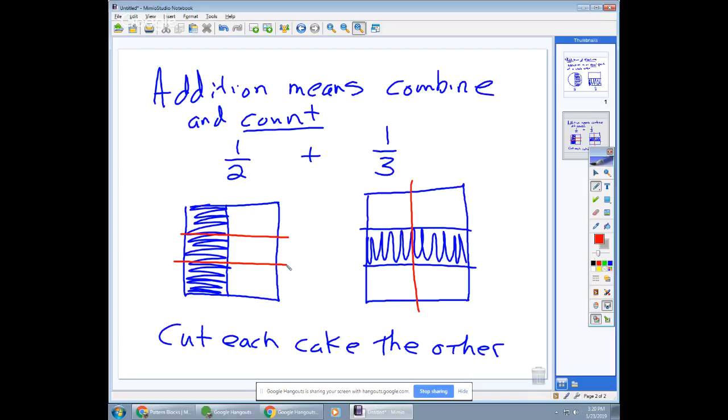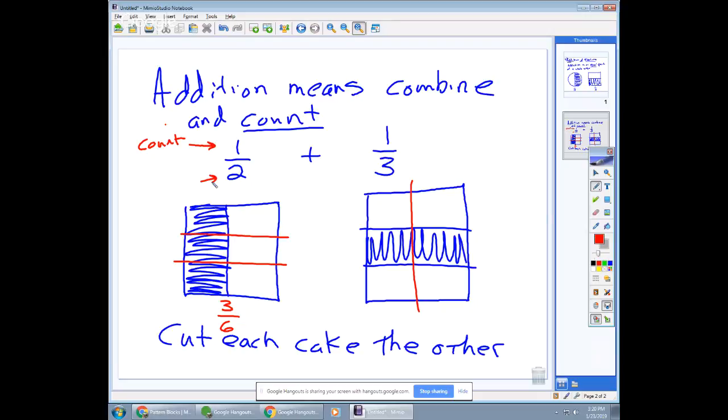In the first cake, how many pieces do I have? 3 pieces, and each piece is a 1/6. We talked about that the other day. What does the numerator mean versus the denominator? So the numerator is just a count, right, of how many I have. The denominator is what then? The whole.